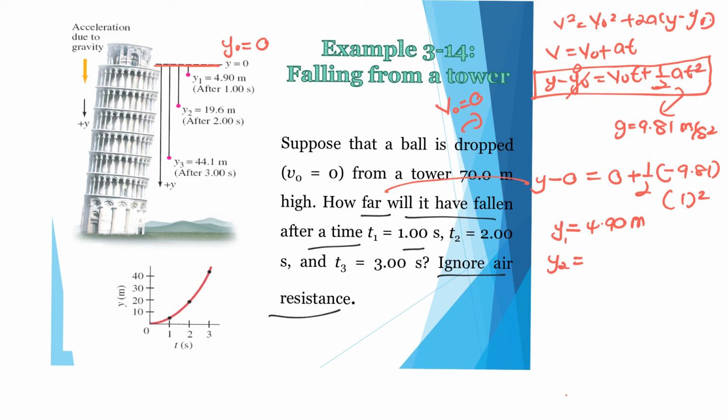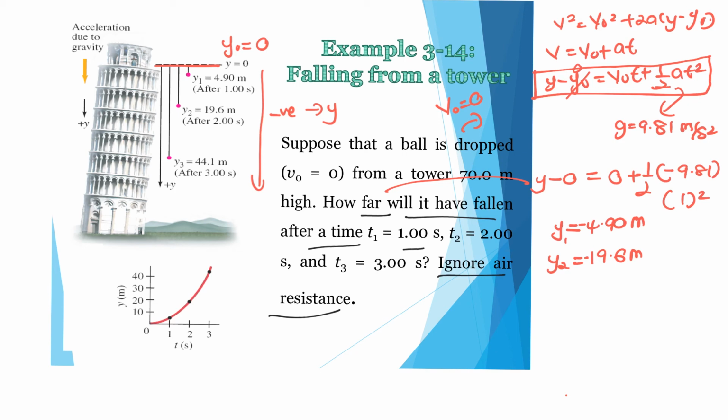You do the same thing for the rest. For y2, you are going to get 19.6 meters. Oh, I forgot, you are going to get negative here. Is it correct? Yes, it's correct because your position now is below the reference point. That's why your final position y is negative. If you choose below the reference point as positive, then you are going to get a positive answer.